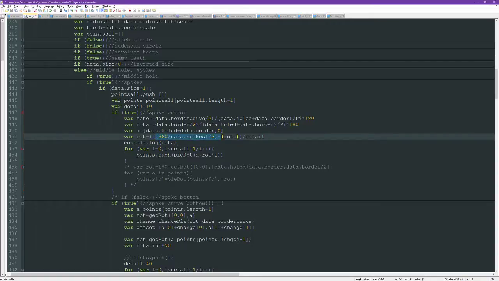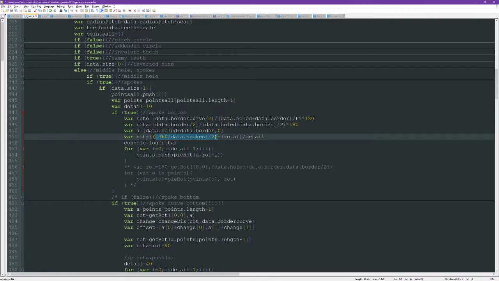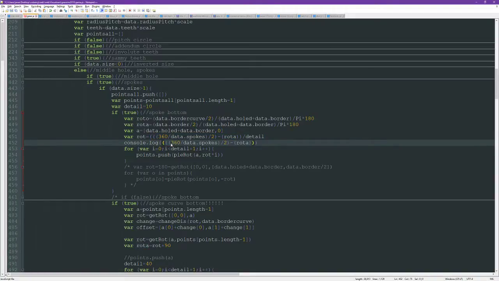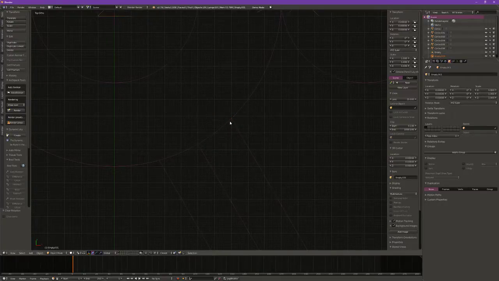So if I then minus that from this, as I'm doing here, then I should get 45.54.